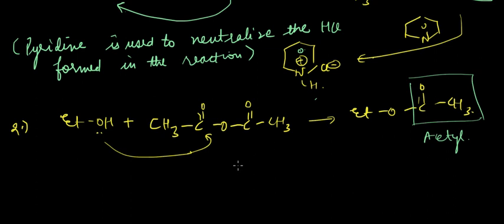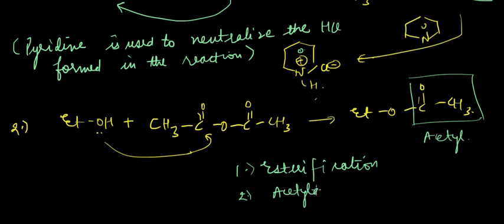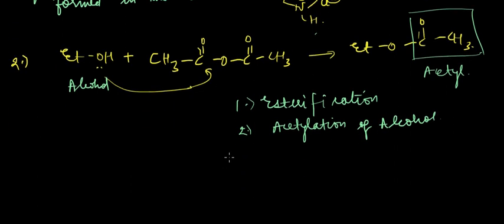Let's look into what just happened in this reaction. First of all, esterification happened. Second, acetylation of alcohol took place. This is our alcohol. Third point would be the molecular weight of the alcohol.